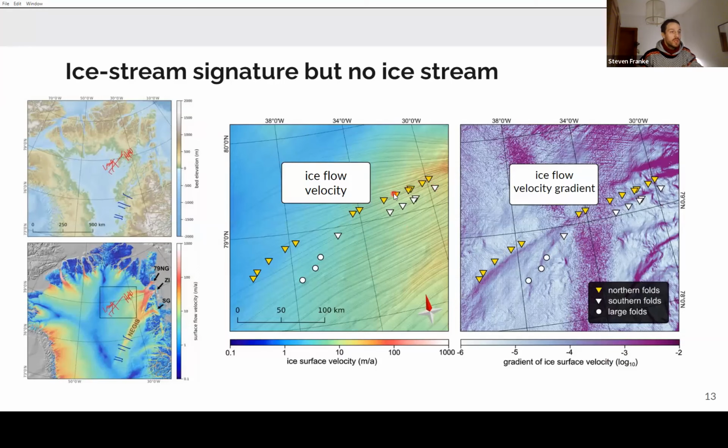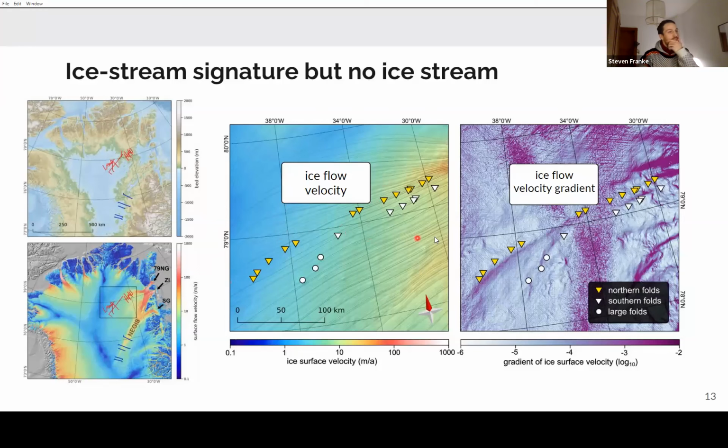And this gives us also an idea about the shape or the geometry of this former ice stream. In the upstream part, we had what I was mentioning, I wouldn't call it an issue, but this finding that we only see one of these shear margin signatures in the radar data.